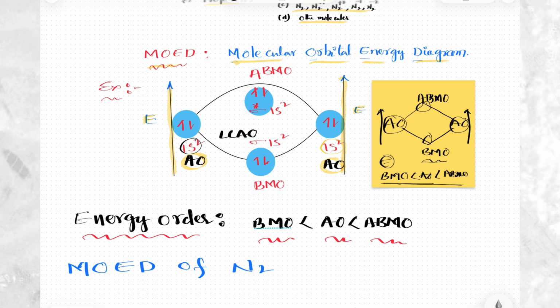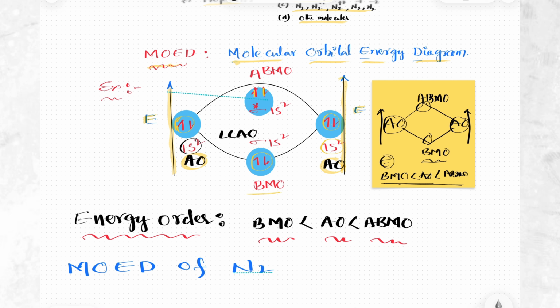These two atomic orbitals contain two electrons each, so we have four electrons in total. These four electrons we fill first in the least energy level, according to Hund's rule. We need to pair the electrons, isn't it? According to the Aufbau principle, first the least energy level, then the highest energy level. So we go for the least energy BMO, followed by the anti-bonding molecular orbital.